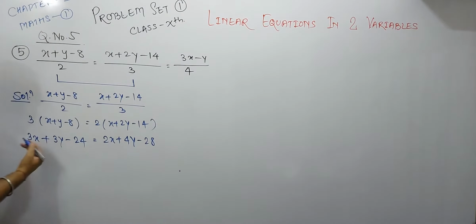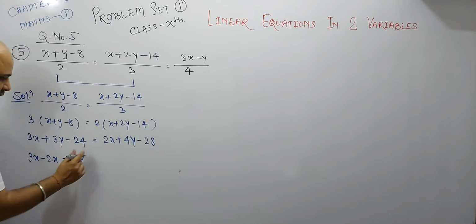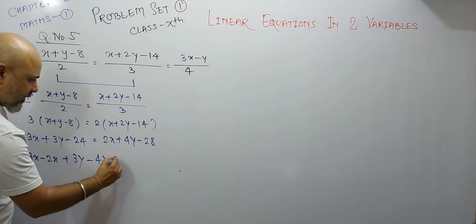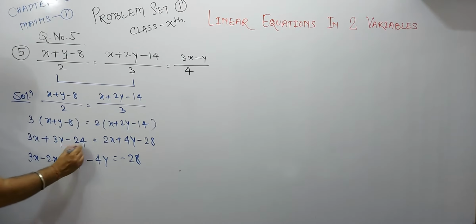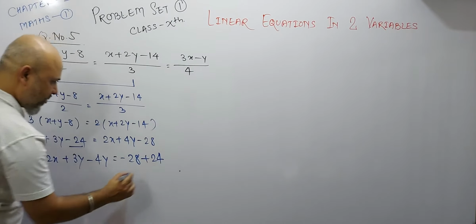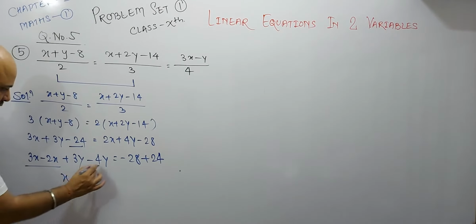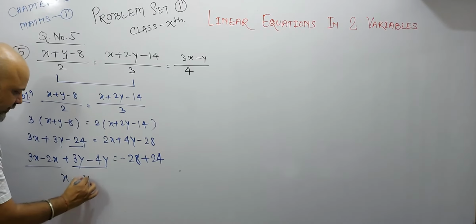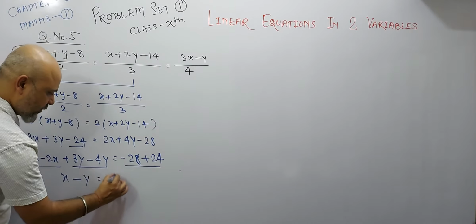Now shift the variables to the left hand side. So 3x minus 2x, plus 3y minus 4y, equal to minus 28. This 24 will be transferred to the right hand side, so this will be plus 24. Now what will you get from here? You will get x, from here you will get minus y, and this is equal to minus 4.